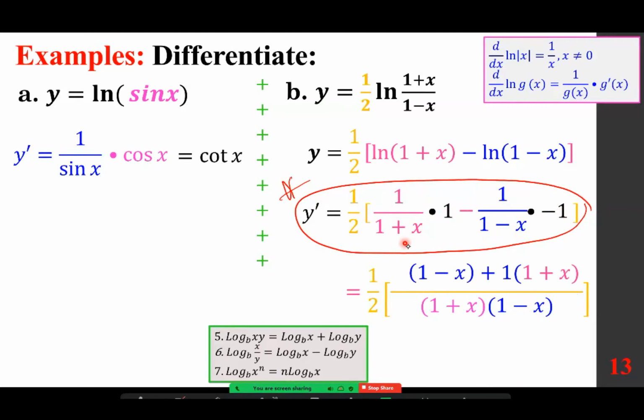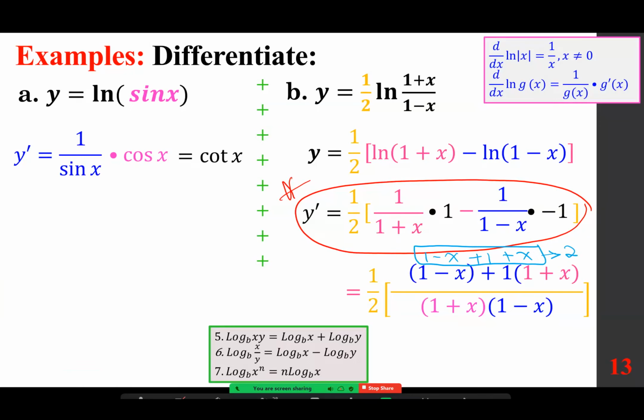Okay. And I'm going to continue with the algebra and write 1 minus x plus 1 plus x. And I hope you see that this whole thing becomes just number 2.